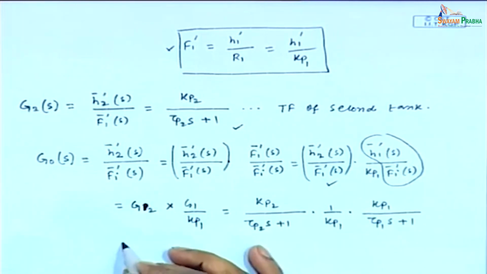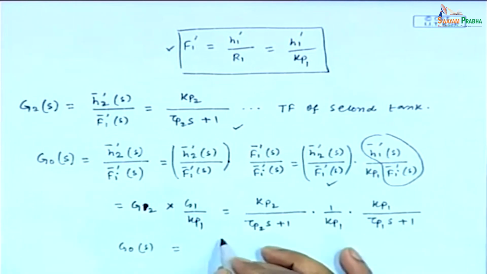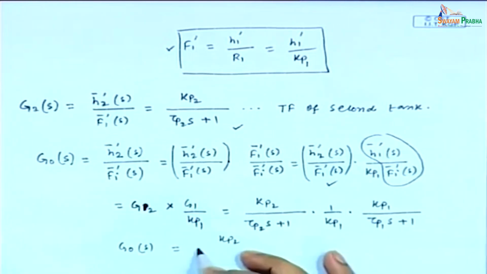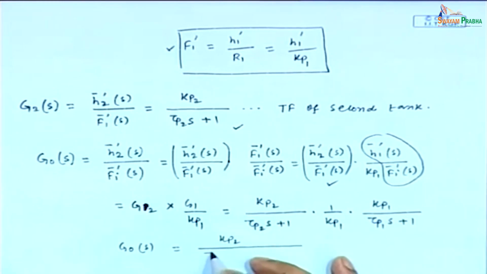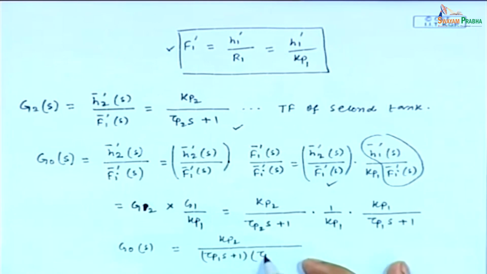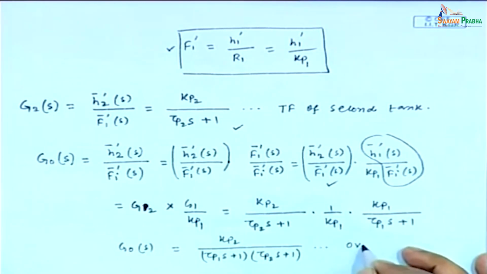So, the overall transfer function G naught(s) we can write as Kp2 divided by tau P1 s plus 1 multiplied by tau P2 s plus 1. This is the overall transfer function of the example non-interacting system.